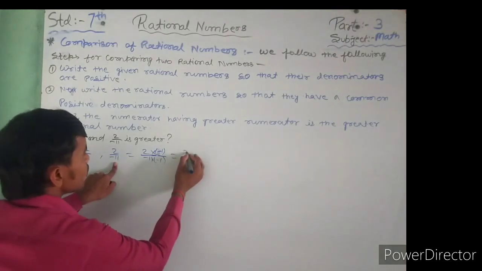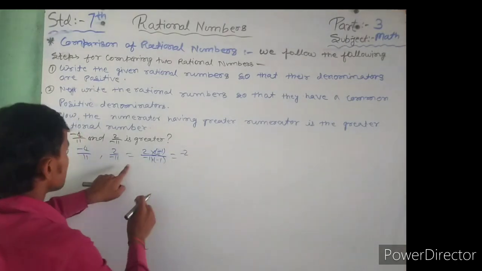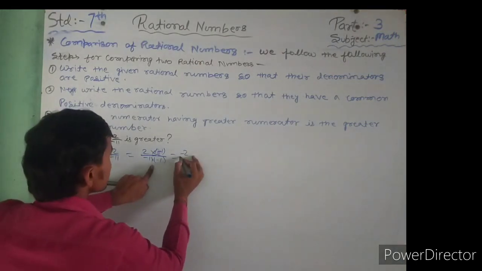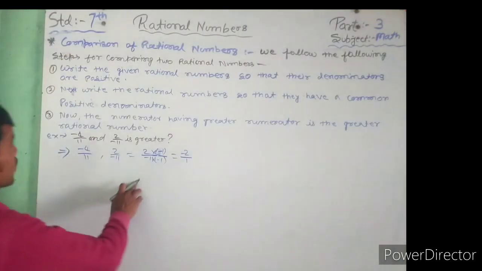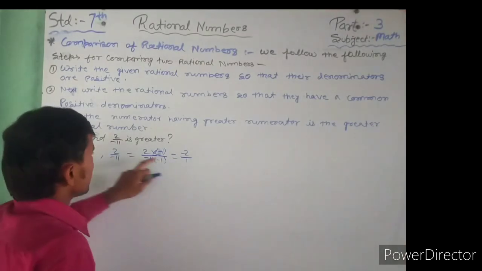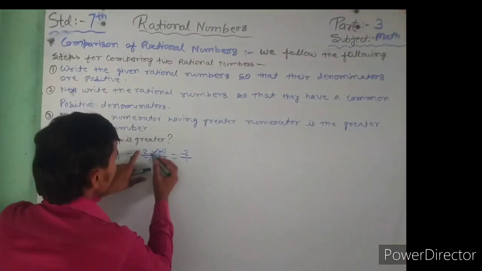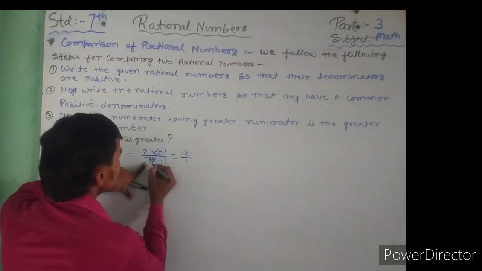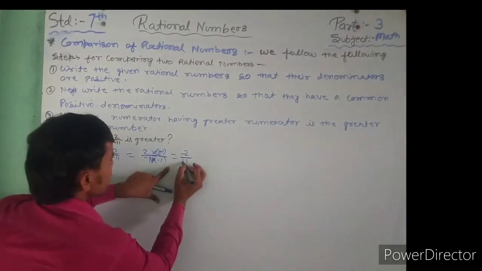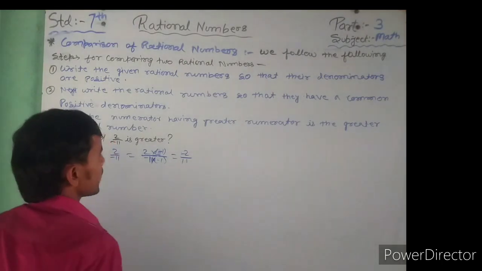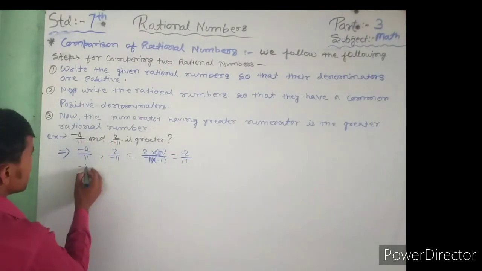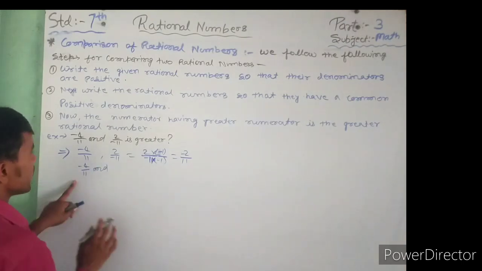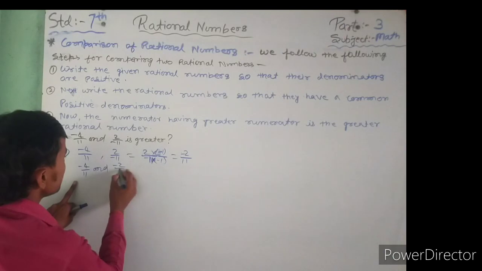Then you get -2 in the numerator, and here 11 into 1 gives plus 11. So your numbers are -4 by 11 and -2 by 11.